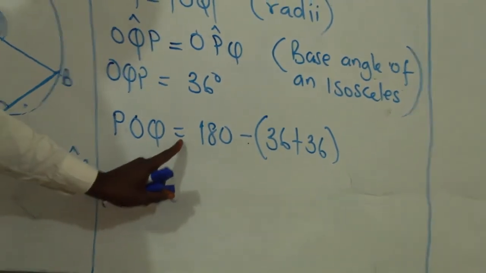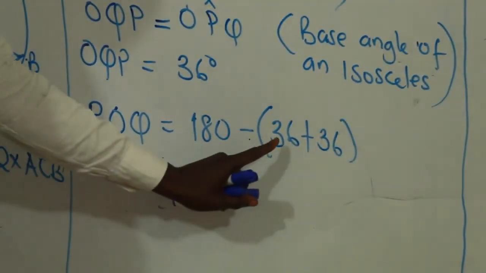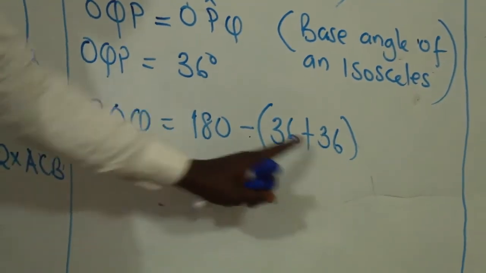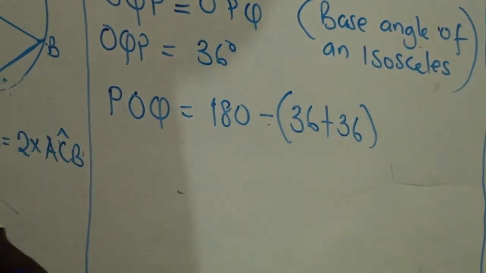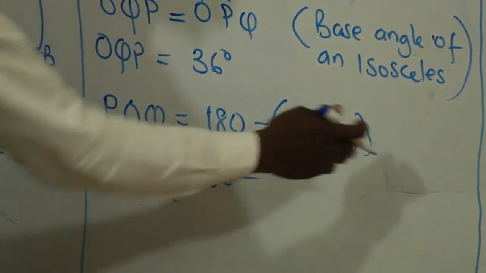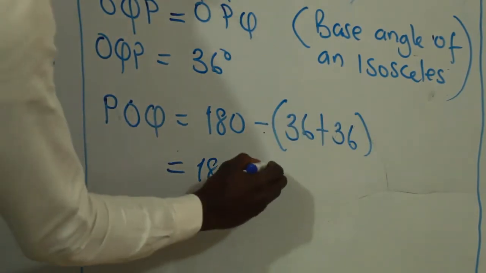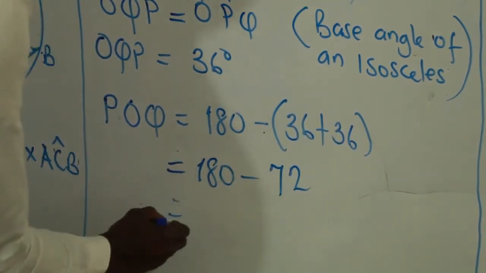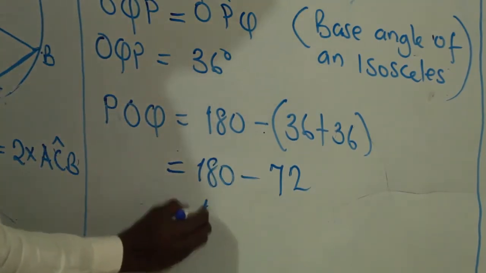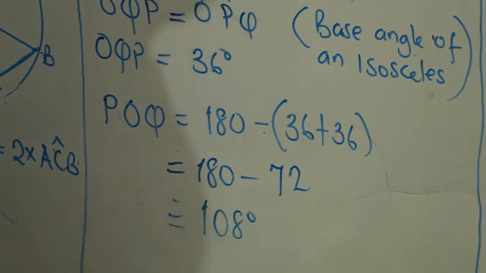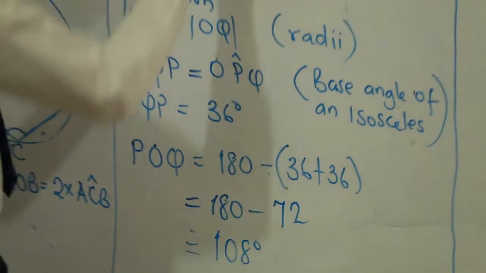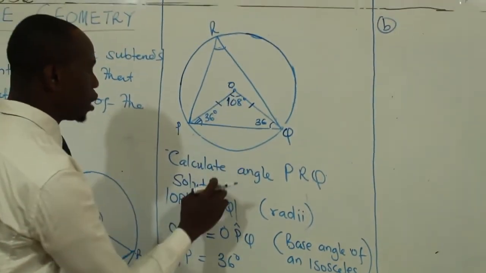POQ is equal to 180 minus (36 plus 36). We're doing this because the sum of angles in a triangle is equal to 180. So we can say that 180 minus 72 is 108 degrees. Now we have just gotten that POQ is 108. So this part is 108.